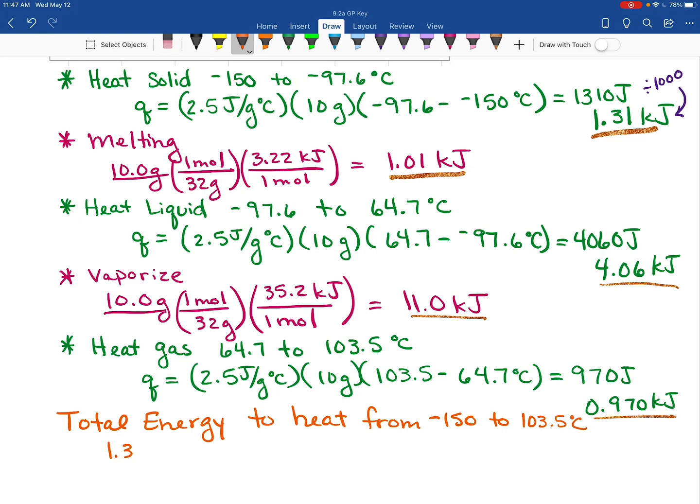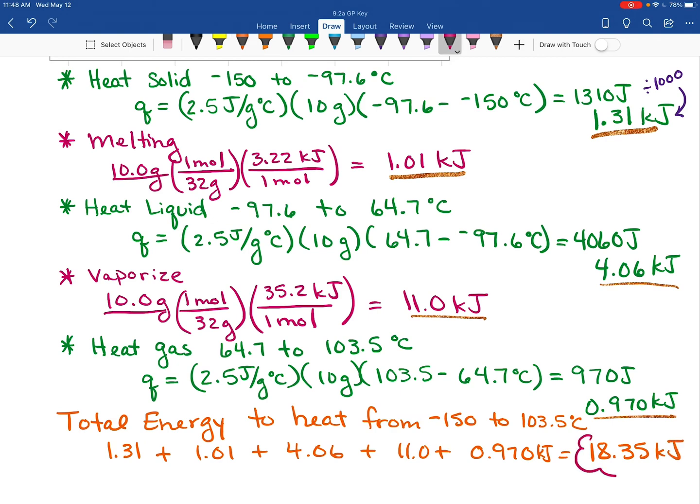So 1.31 plus 1.01 plus 4.06, 11, and 0.97. And those are all in kilojoules. And so when we do that, I got 18.35 kilojoules. And this should be the total amount of energy. So we can work that any direction that we would like to. I hope that was helpful.